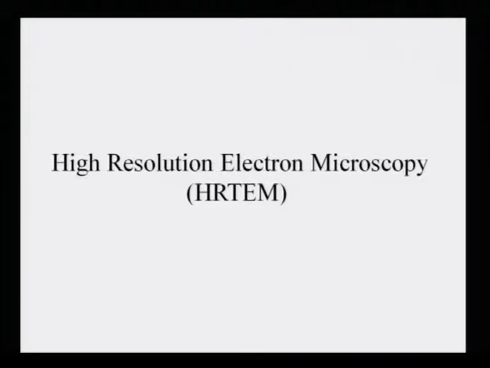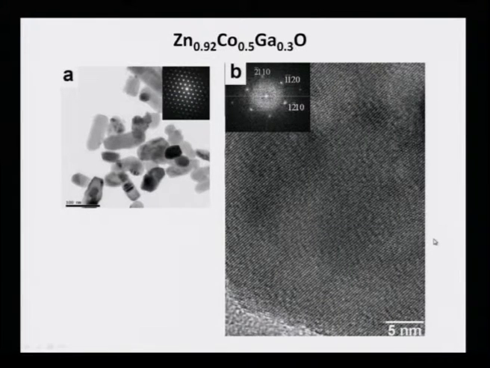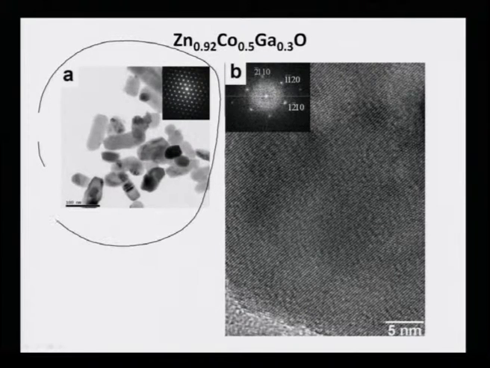First, we will show you some examples which I have even shown you in class 1. This one is basically an image taken on cobalt and gallium doped zinc oxide. The left hand side shows the normal bright field image of zinc oxide doped with cobalt and gallium, with an electron diffraction pattern taken along the 0001 zone axis.